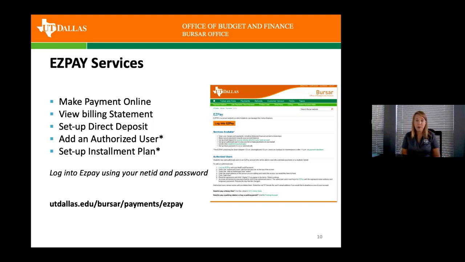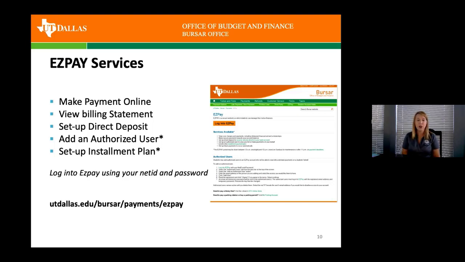You can set up a direct deposit. We'll talk a little bit more about that here in just a few minutes. And you can add an authorized user. And the reason I have a star by that one is because that's something that we encourage all students to do if you have someone that is going to be wanting to help you pay or need to view your charges.